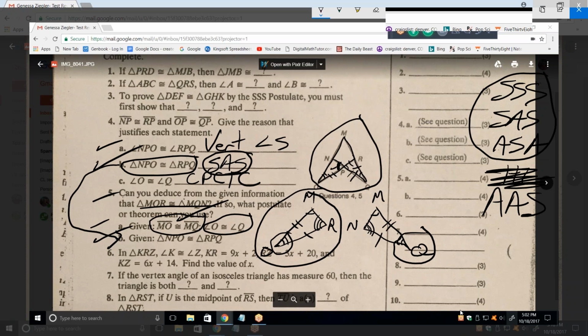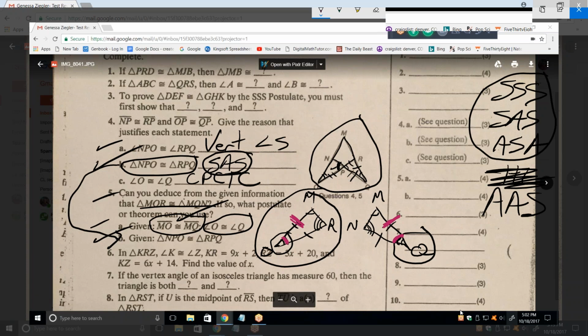So if I know strictly that MO is congruent to MQ and that angle O is congruent to angle Q, is that enough to prove congruency? No, that's only two parts. I don't know the third part yet. Okay.